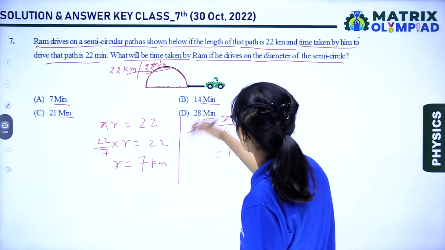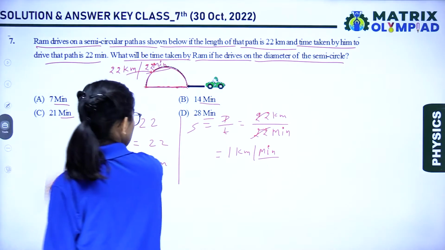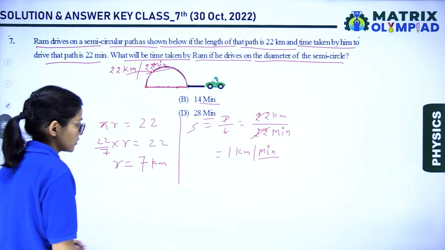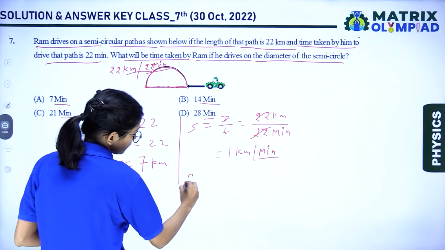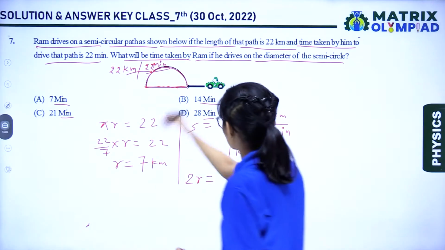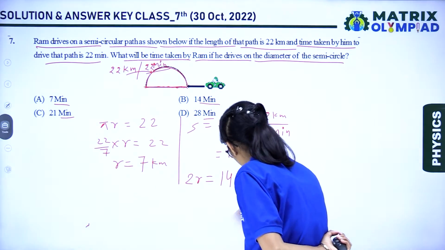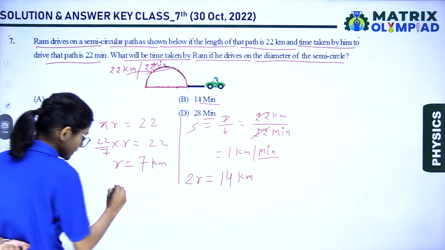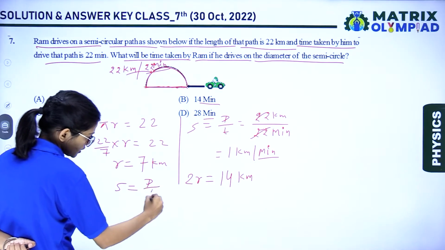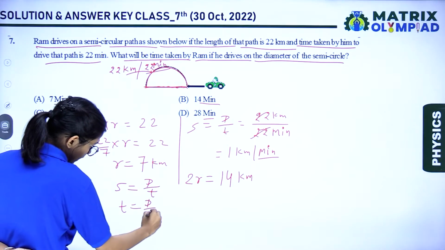We have to find the time taken by Ram if he drives along the diameter of the semicircle. So the diameter of the semicircle will be 2r. So the total distance covered by him will be 14 kilometers. If speed is equal to distance upon time, then what will be the formula for time? That will be d upon s.